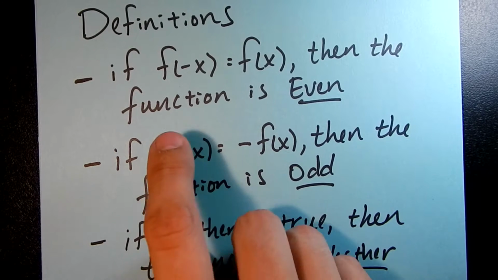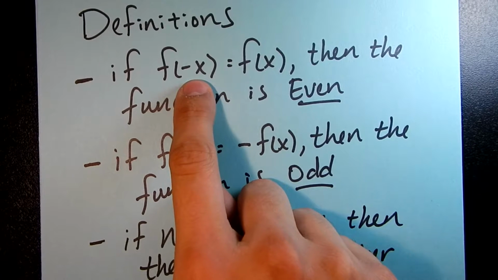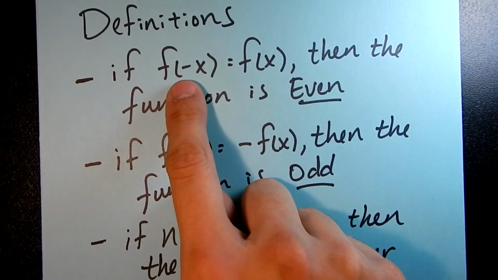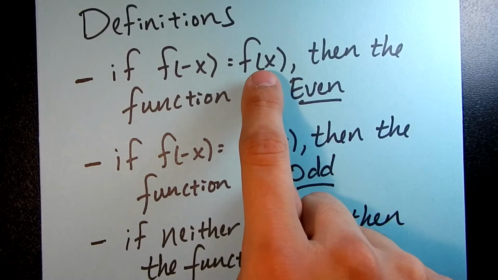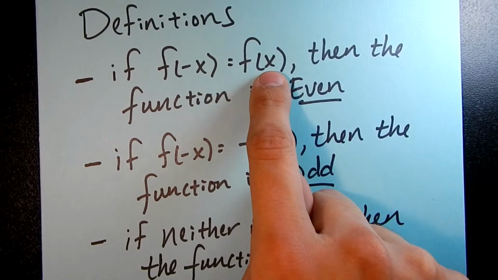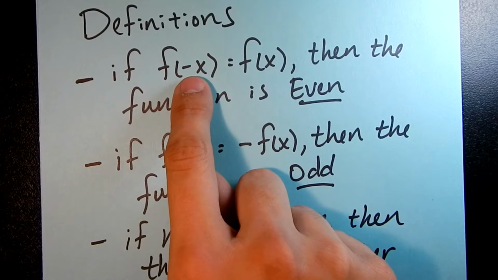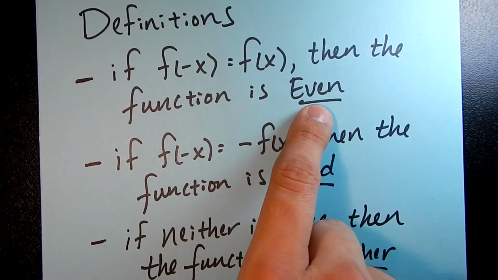So what this is saying is, if you take an input, like a negative input for a function, just some relation that has to do with x, like x squared, for instance, and you put in a negative number and you get out the same thing as if you put in a positive number, so for example, x squared, if you put in negative 3 squared, that's the same thing as positive 3 squared. That means this function is even.